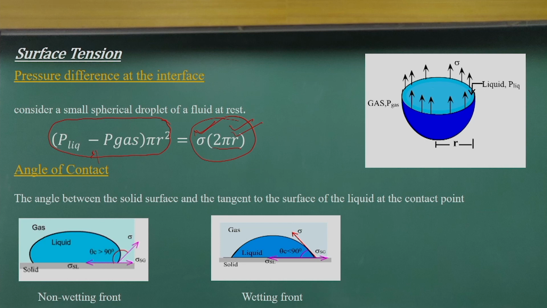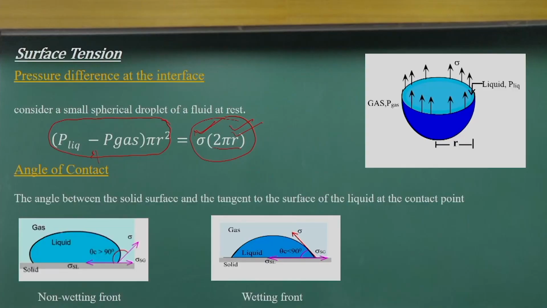The next interesting point is when a liquid is interfacing with a solid, whether it will wet or not wet, the wetting condition or non-wetting condition. That is an interface between three things: the liquid and the gas, the liquid and the solid.